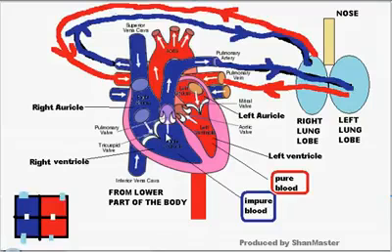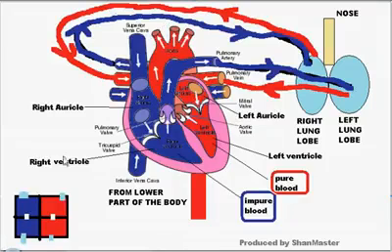Now you can see the aorta, which is from the left ventricle, it curves like a question mark, and you can see it goes to the right arm, left arm, and to the brain, up.